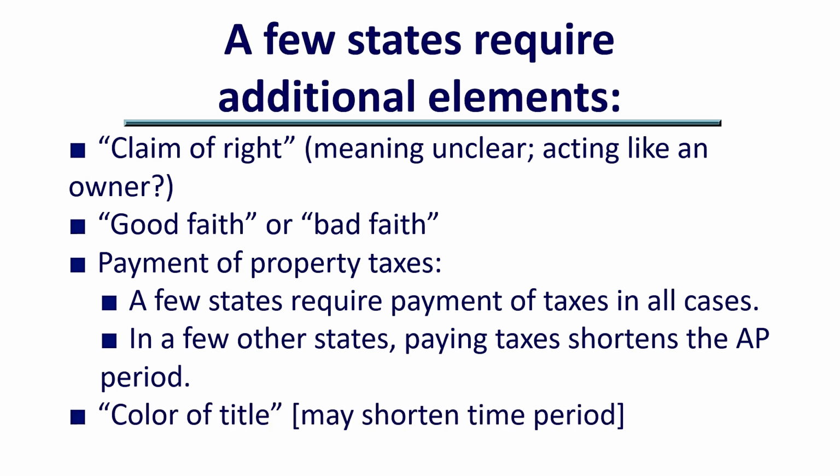Likewise, if the adverse possessor has color of title, remember from our previous video, that's a piece of paper that looks like a conveyance of land to the adverse possessor, but it's invalid, it's defective in some way. Well, it doesn't give actual title to the adverse possessor, of course, but having color of title may shorten the time period that the adverse possessor has to remain on the property.